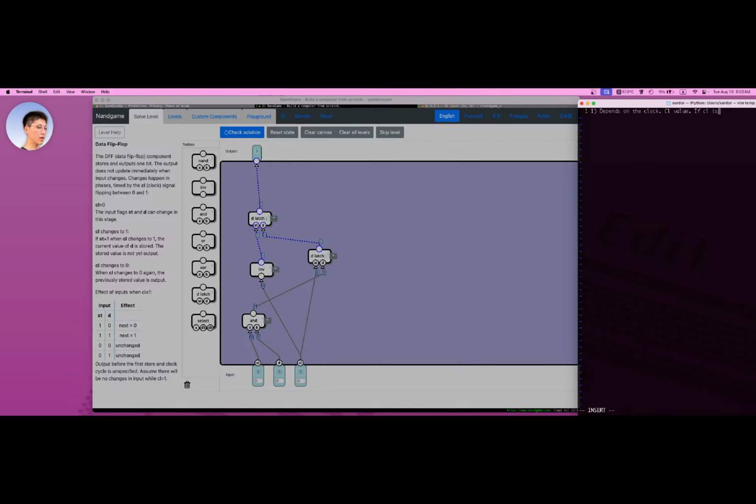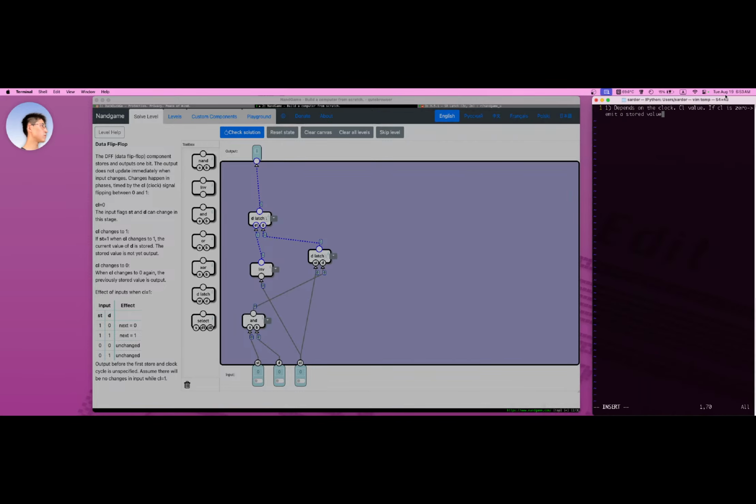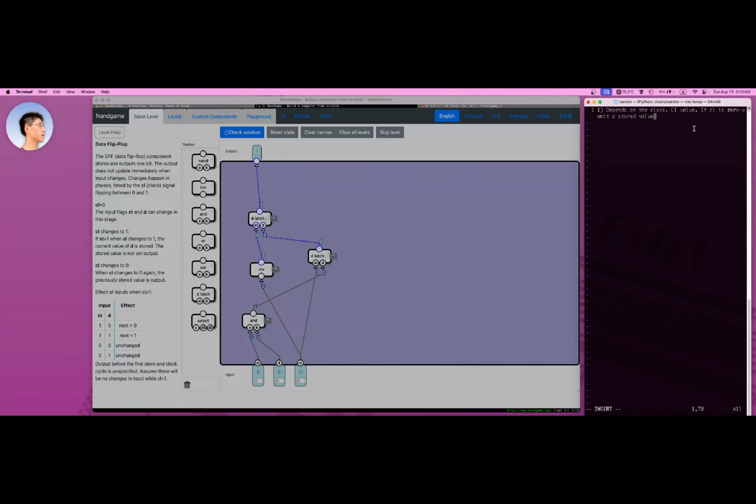If clock is 0, emit a stored value. No, it's fine. If clock is 1, it means we can write to the memory, okay?